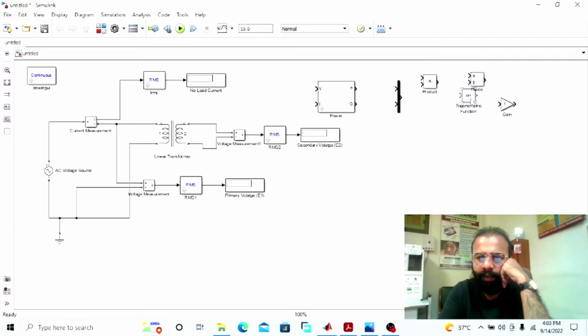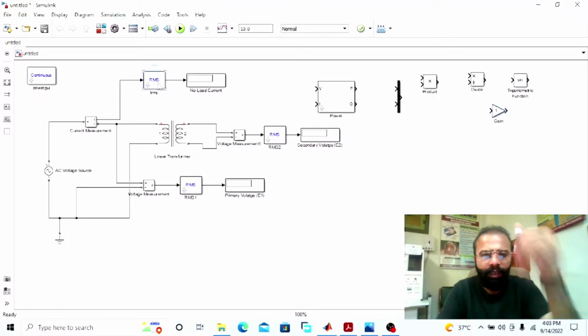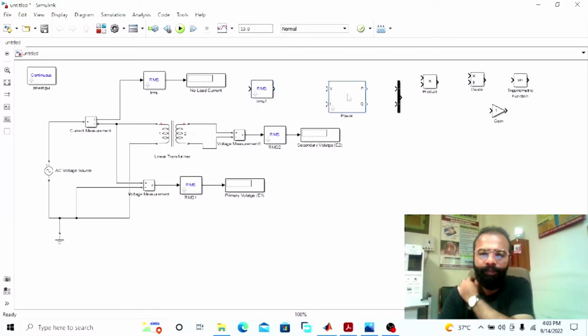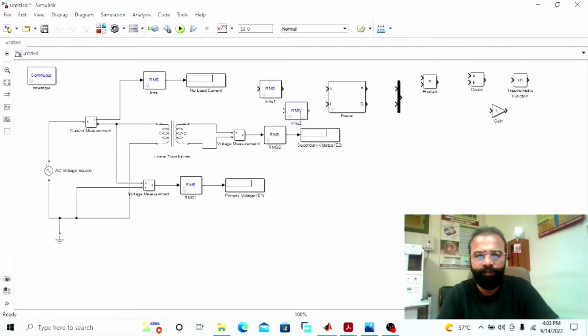Product and divide, and this is the gain block. Now we need an RMS block for this, and another RMS block. This will give us the VRMS.